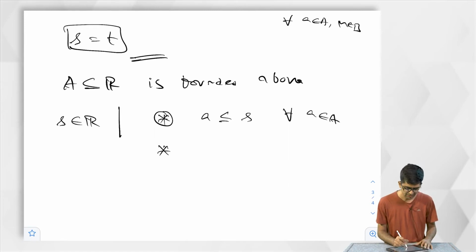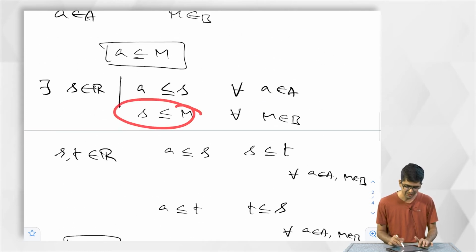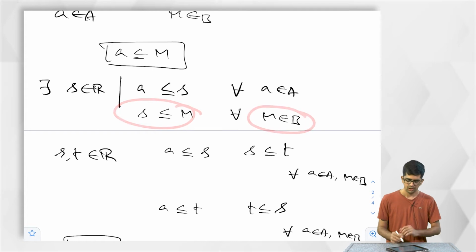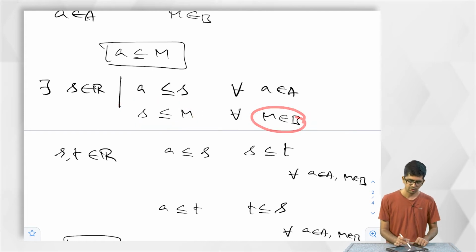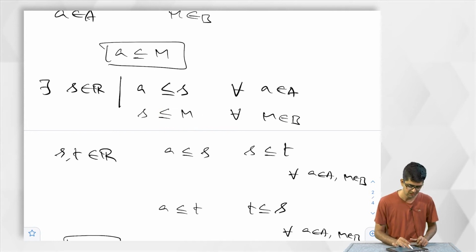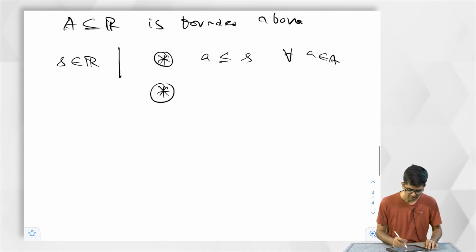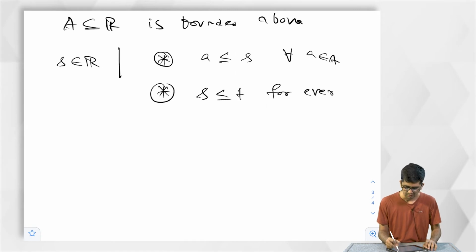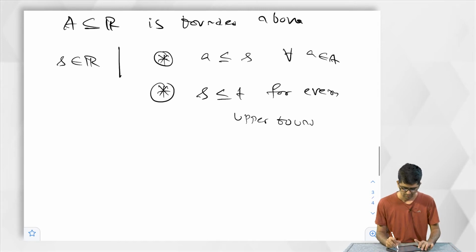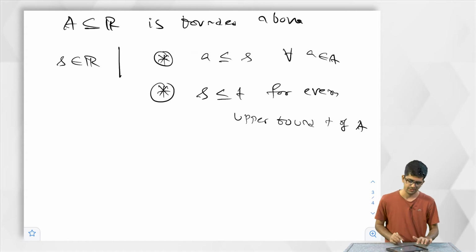What is the second condition? S satisfies this property for every M belongs to B. What is an element in B? It is an upper bound. So, S is less than or equal to any upper bound. Let me write down that S is less than or equal to T for every upper bound T of A.